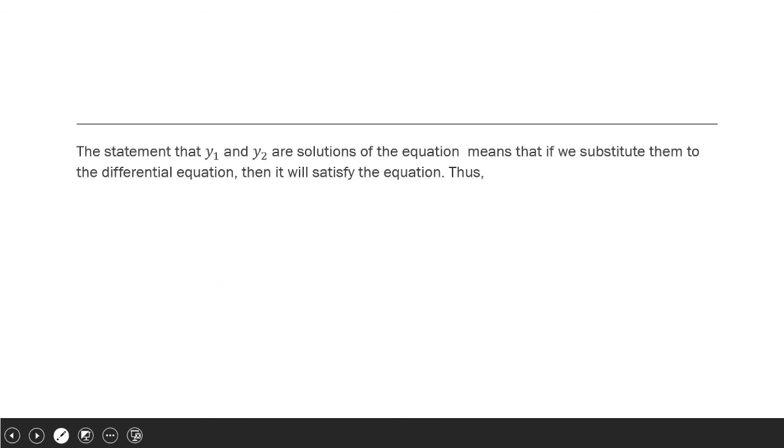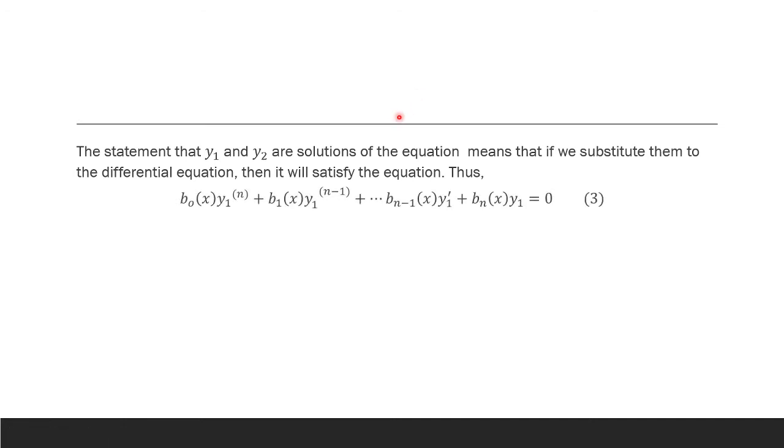So, let us start with our proof. So, the statement that y sub 1 and y sub 2 are solutions in the equation means that we can substitute them to the differential equation and then it will satisfy the equation. So, thus, ito na yung kanina natin. Sinubstitute natin yung y sub 1. This must be true because y sub 1 is a solution to the homogeneous equation.